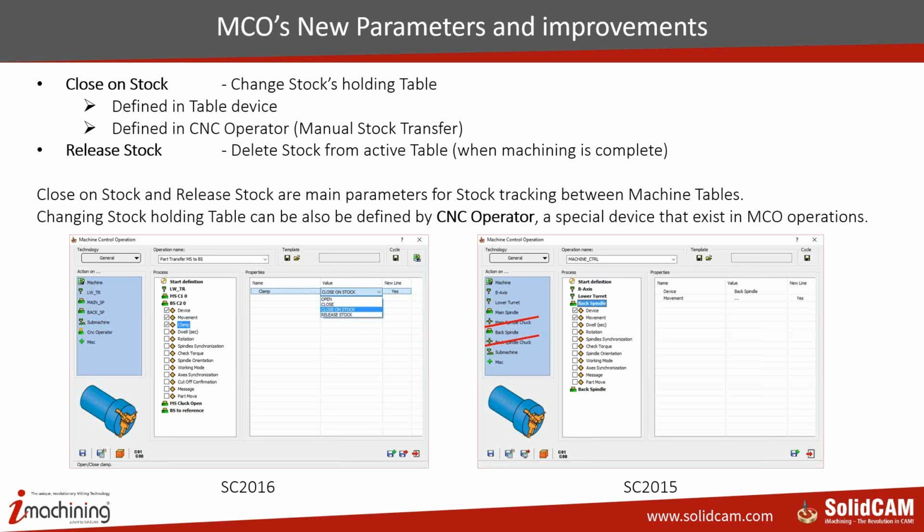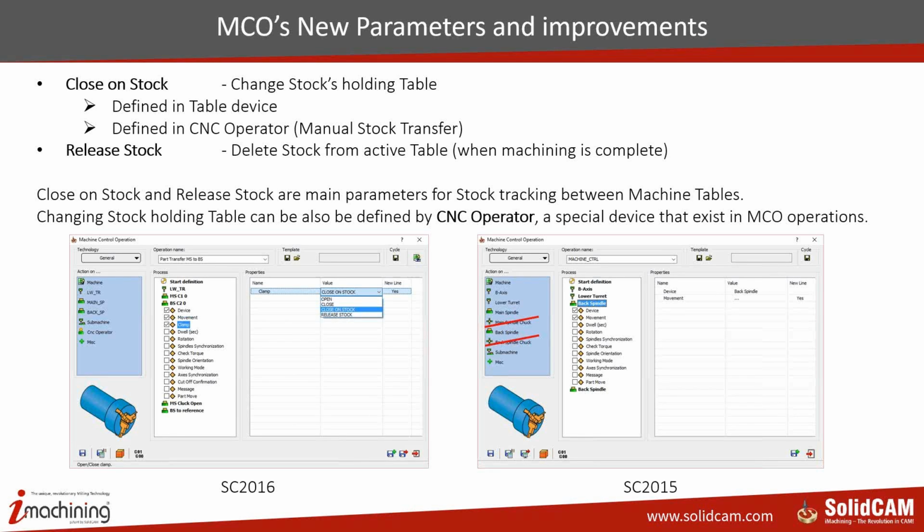So close on stock will change the stock holding table. What that means is, if our initial position was in the main spindle and I use my back spindle clamp and close on stock, my part is no longer connected to the main spindle. Now it's connected to the back spindle.